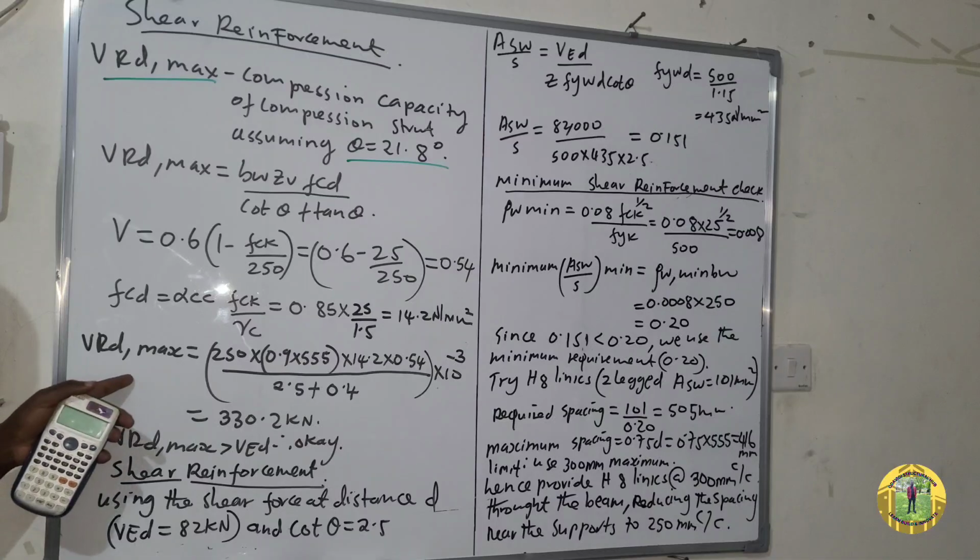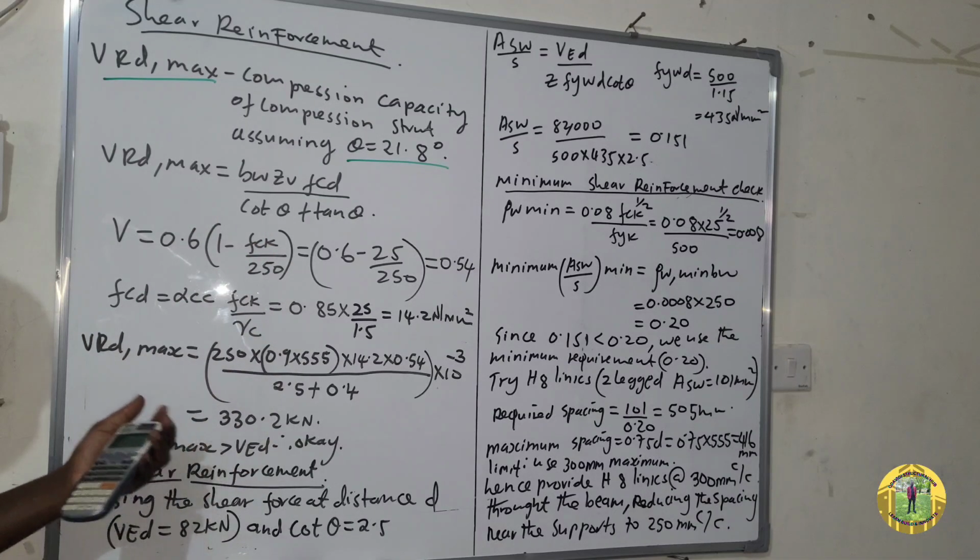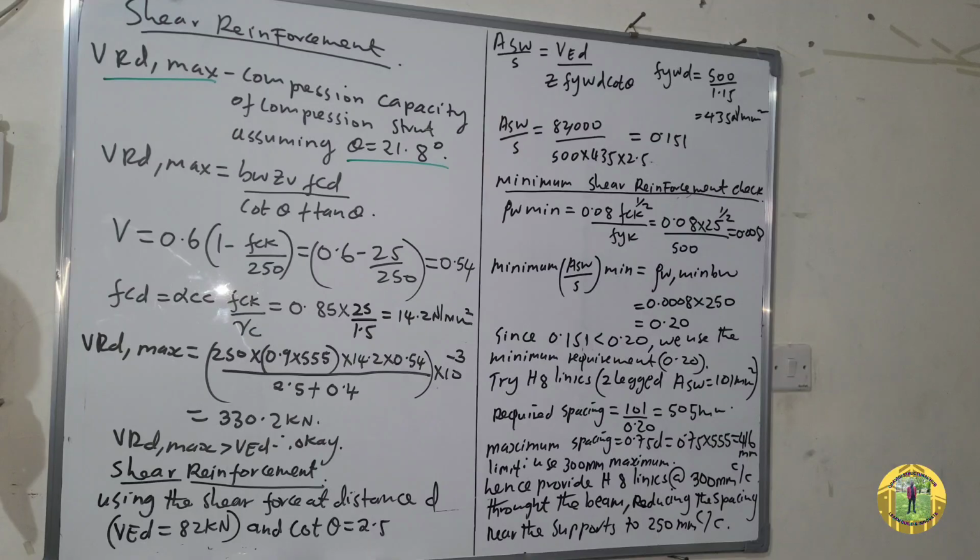So VRD max, if we insert these values in the formula, we'll get 330.2 kilonewton. Remember to multiply everything by 10 to the power of negative 3 so that you can have your answer in kilonewton. Since VRD max is greater than VED, then it is okay. Then we proceed to shear reinforcement.